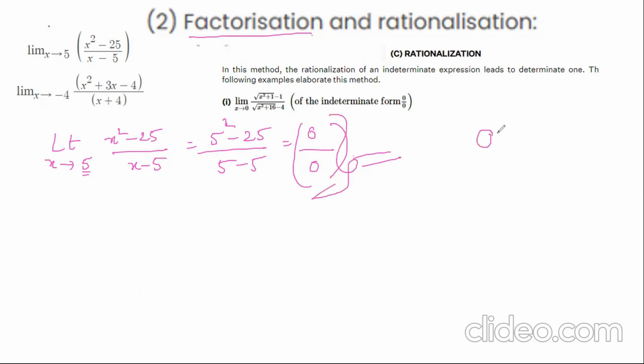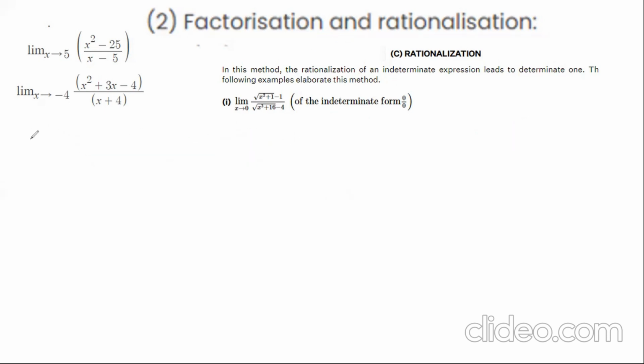The numerator can be 0, that is okay, but the denominator can never be 0. This is an indeterminate form. Whenever you get an indeterminate form in direct substitution, you go for factorization, because the direct method is not applicable here. Yes, come on, let us apply factorization. Limit x tends to 5.